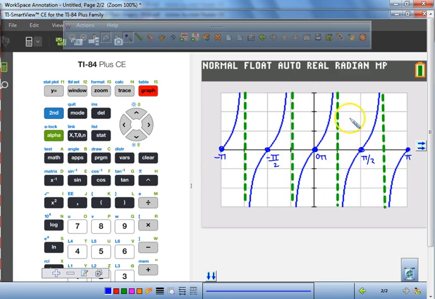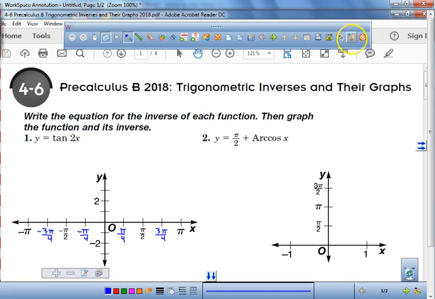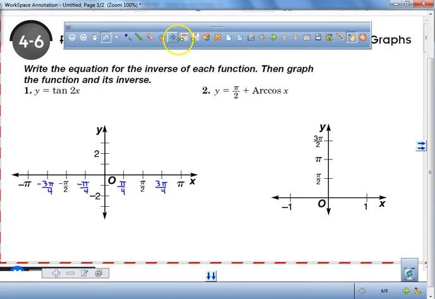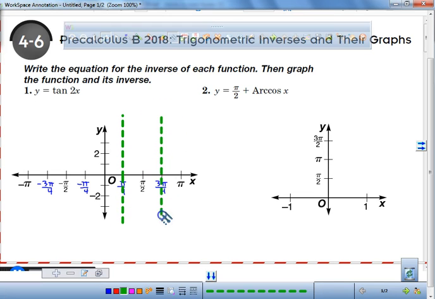So you're taking this graph and you're transferring it over to your paper. So the very first thing that I would do if I were you is I would go ahead and draw in all my asymptotes. So get those nice drawn in.